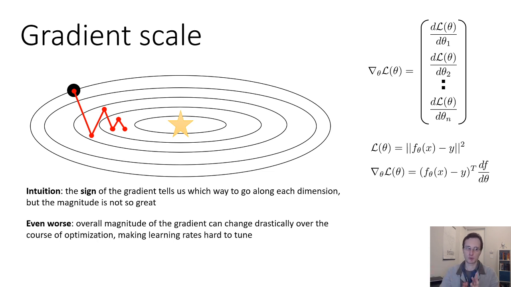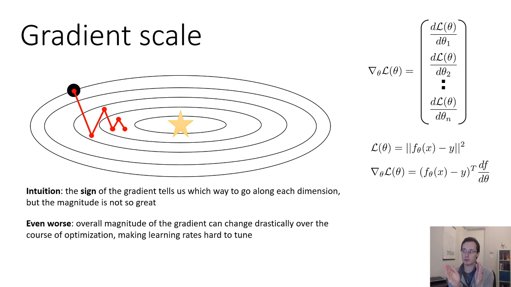So one of the things we can immediately see from this expression is that the more f differs from y, basically the larger the error is, the larger the gradient will be. And if initially f is very different from y, maybe our initialization is very bad, then your gradients will be huge. And when your gradients are that huge, you'll almost certainly overshoot the optimum and come out the other side.